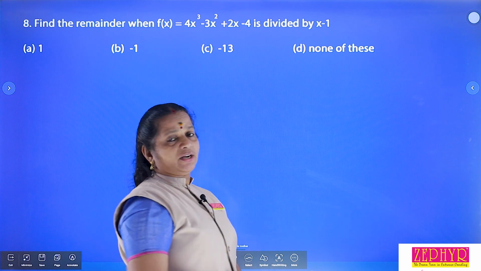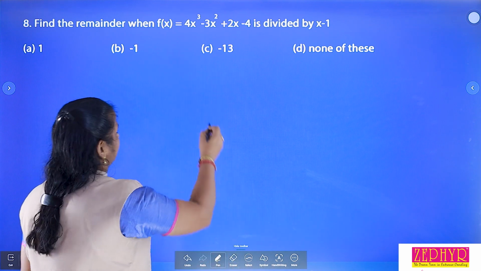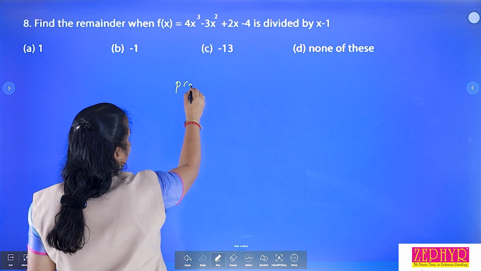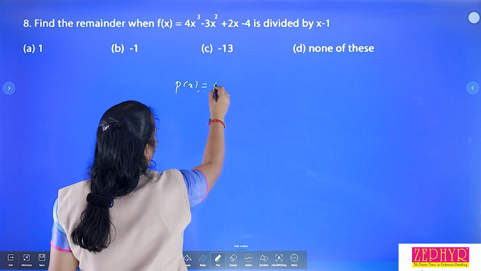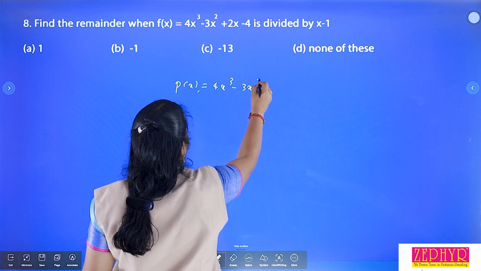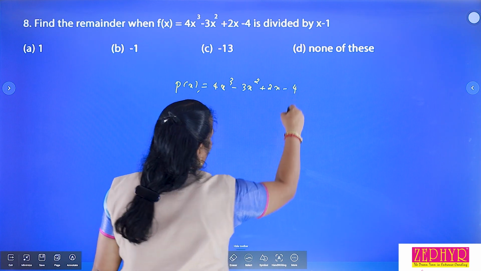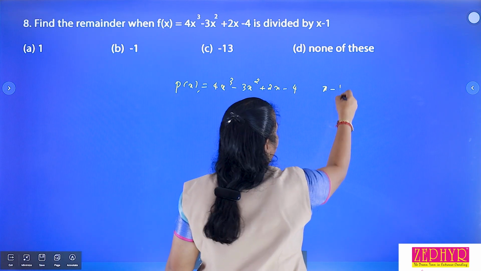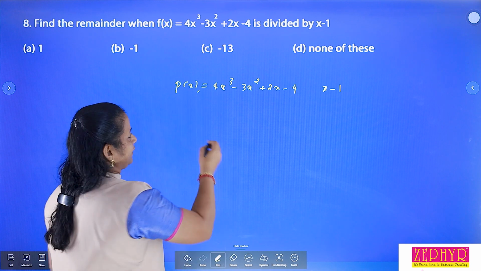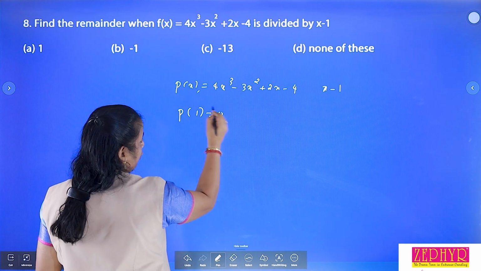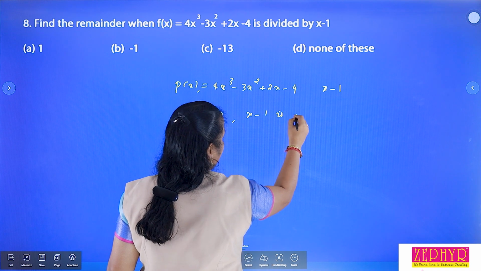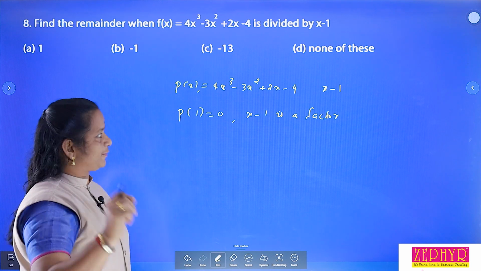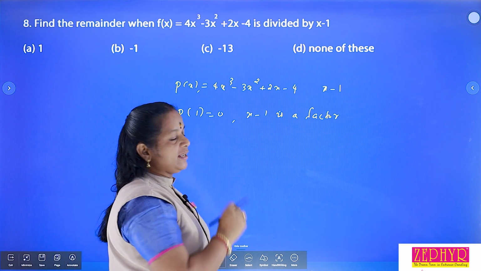Here we can use the division rule, or an easier method for finding the remainder of a polynomial p of x of any degree. If x minus 1 is a factor of the polynomial, then p of 1 is equal to 0.